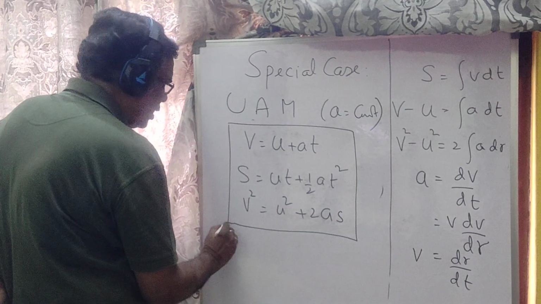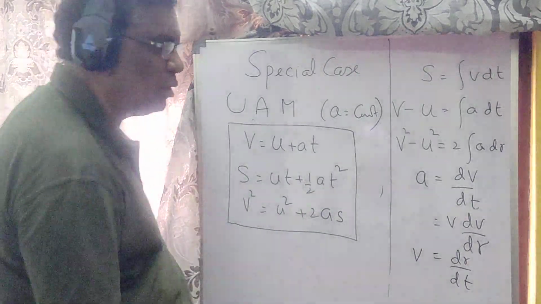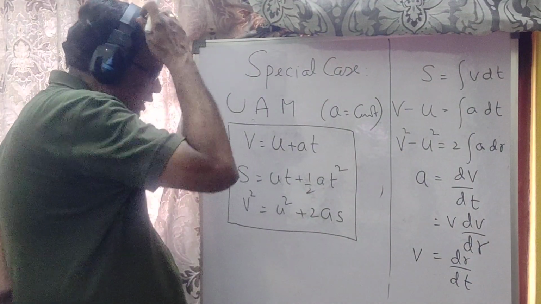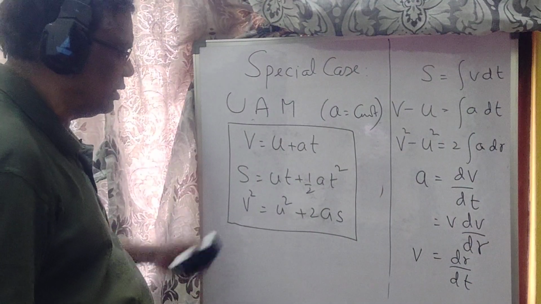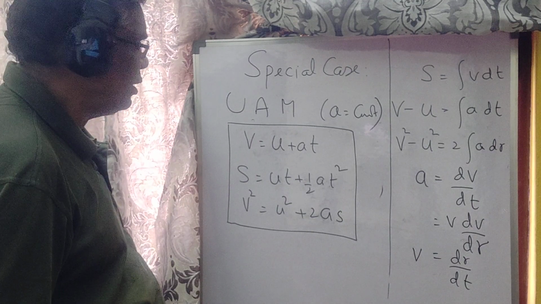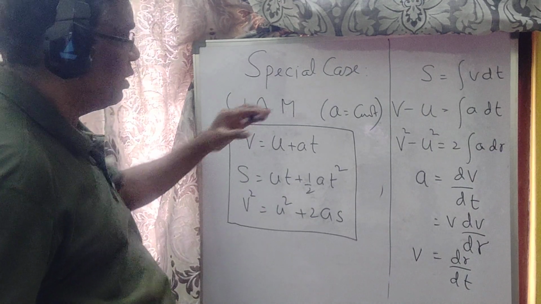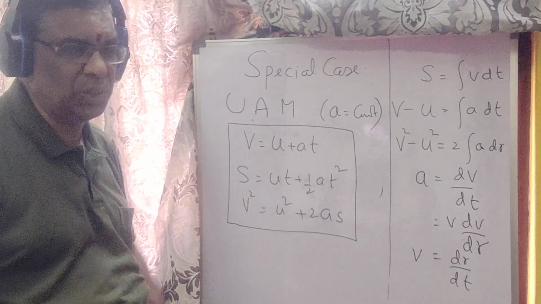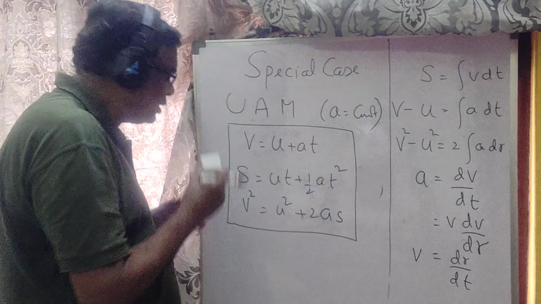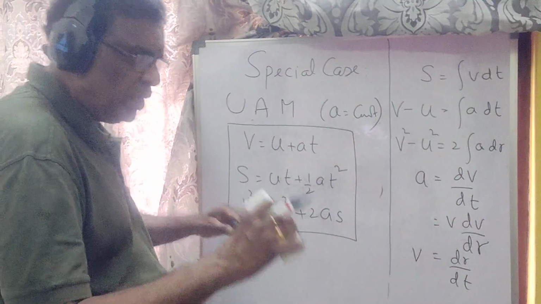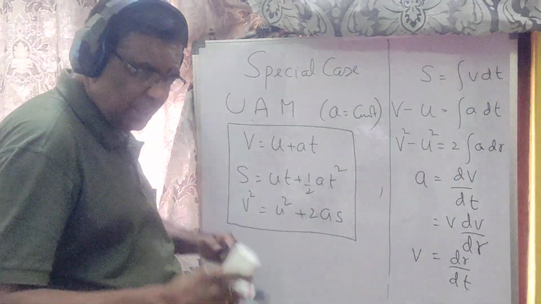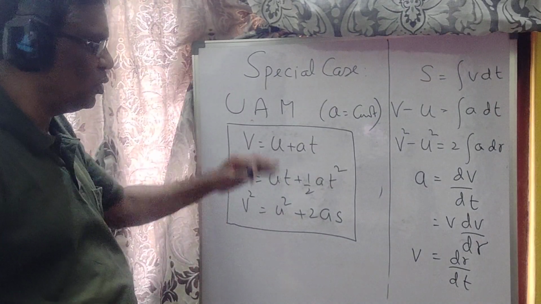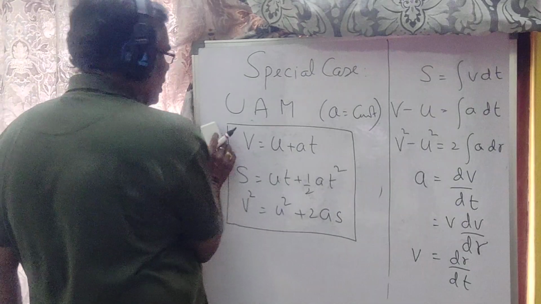When we confine our attention to uniform accelerated motion, then we automatically take them down straight as they are, right? But when a is not constant, then the trouble comes, you can't use this. So first I want to do a variable a. If a is variable, you can see for yourself how these equations are going to behave.